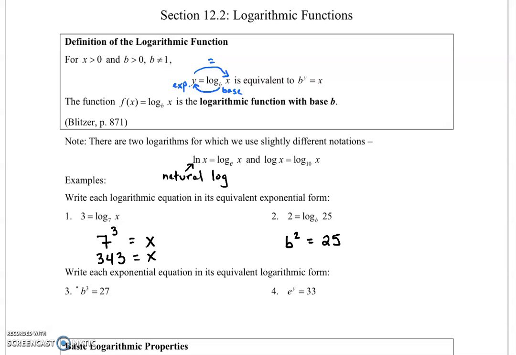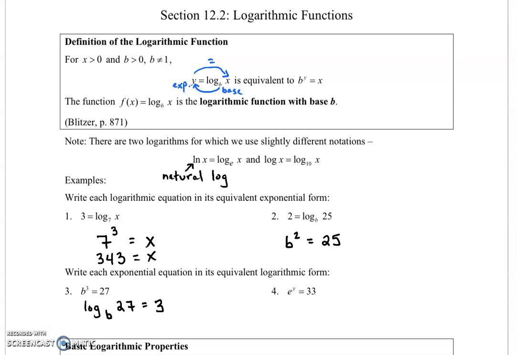So we can always start with the base. So that's log base b. What's on the other side of the equal sign goes next, and the exponent on the b is what that logarithm equals.